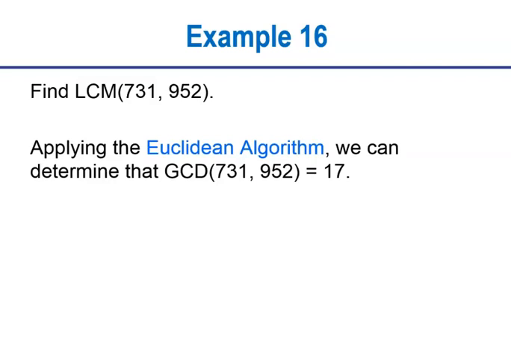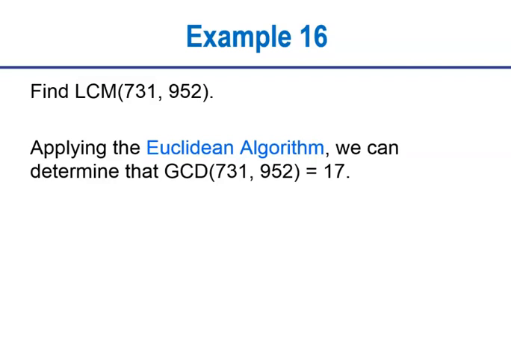It says, applying the Euclidean algorithm, we can determine that the greatest common divisor of 731 and 952 is 17. Okay, now I don't want to take that for granted. Let's actually apply the Euclidean algorithm for 731 and 952 and see if we get 17.